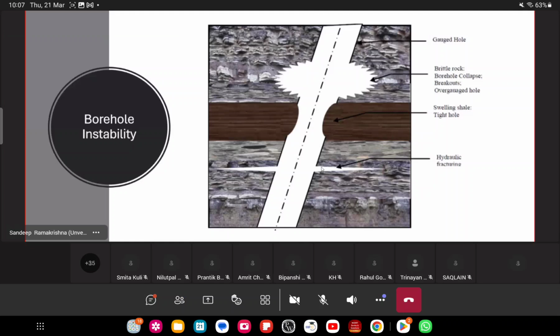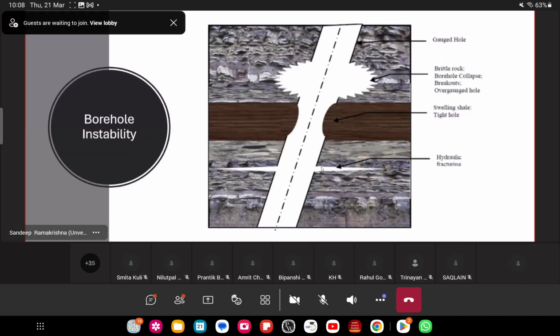What's happening, if you look at it in a cartoon sort of sense, you are in the wellbore, you're using drilling mud. This is your rock, which obviously has some sort of porosity and permeability.